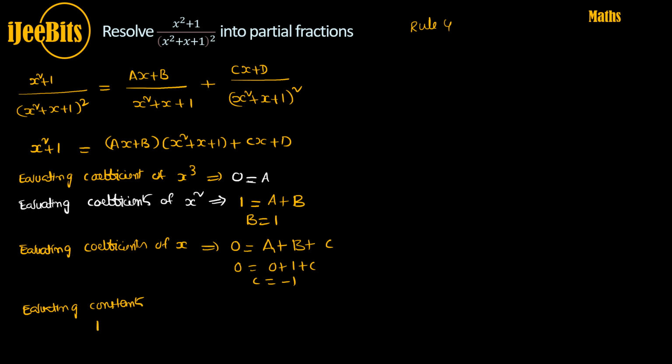On the right hand side, the x terms drop out, so only b into 1 is one constant we have here, plus d. So 1 equal to b plus d. Then we know the b value is 1, so what would be d? 1 equal to 1 plus d. This means d equal to 0. So there is no d. Now we know a, b, c, d.